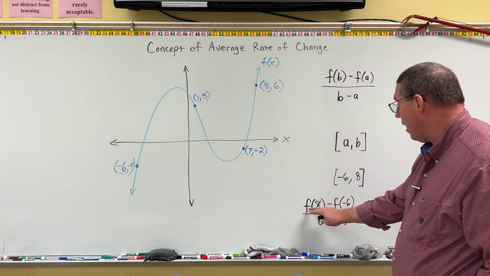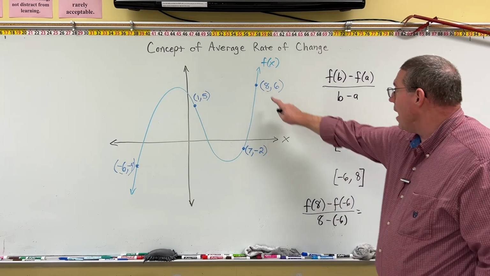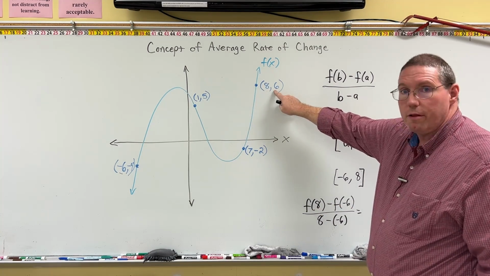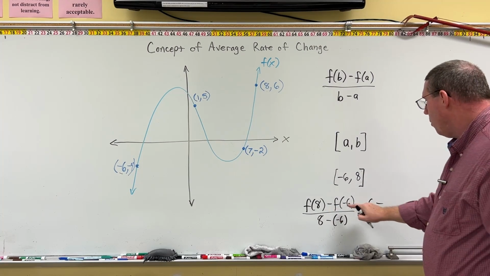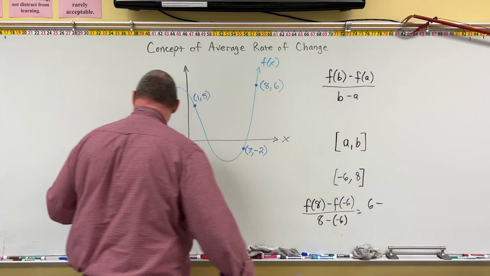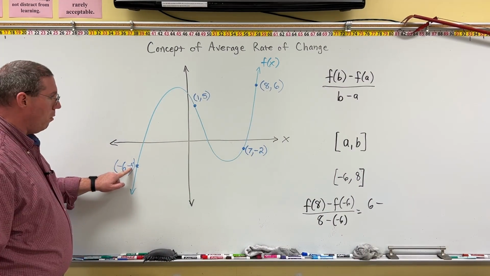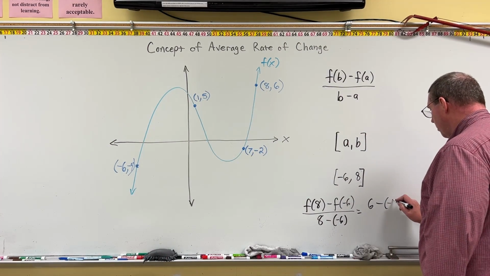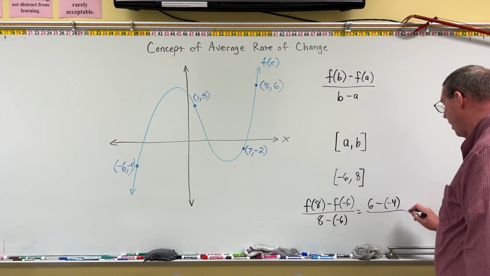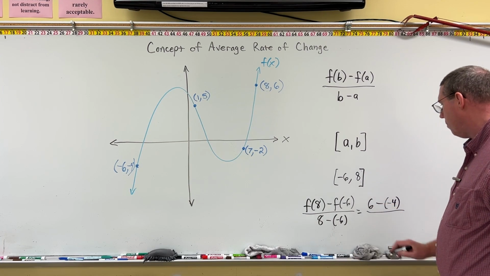When the input is 8, the output is 6. And so this is 6 minus, when the input is -6, the output is -4. So we can just put a -4 there. It's really easy to do with graphical information when you already have the output values.